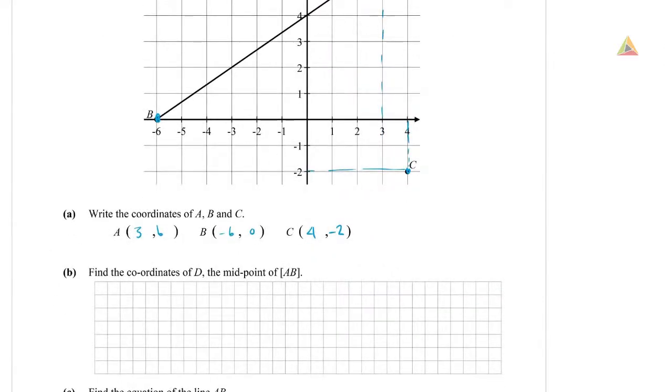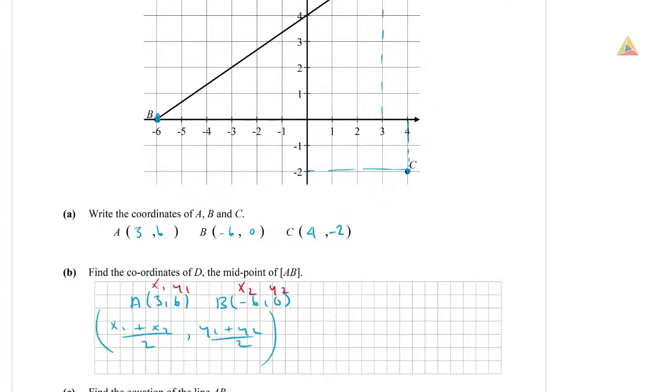Find the coordinates of D, the midpoint of AB. Okay, so the point A is (3, 6), and the point B is (minus 6, 0). So again, we're going to just mark in x1, y1, x2, y2. So the midpoint is (x1 plus x2) over 2, (y1 plus y2) over 2.